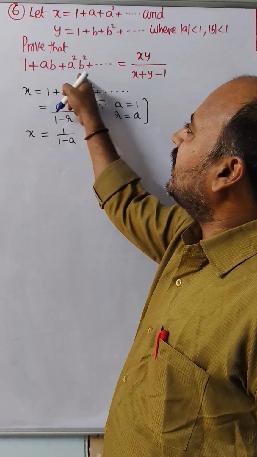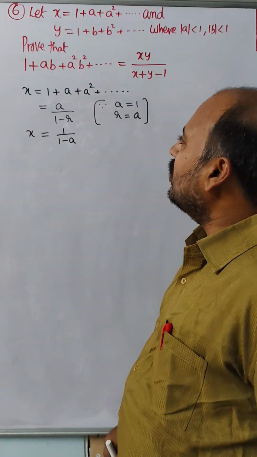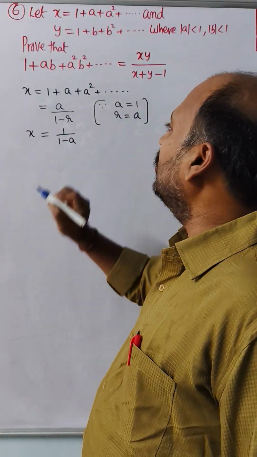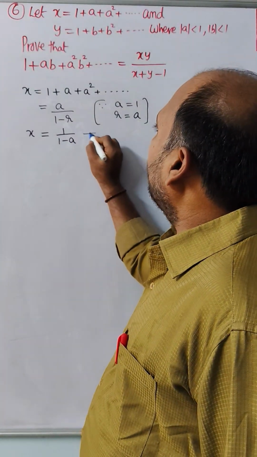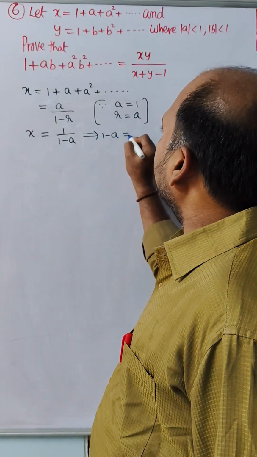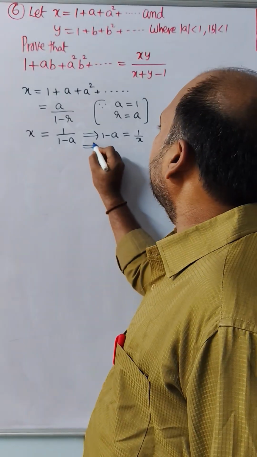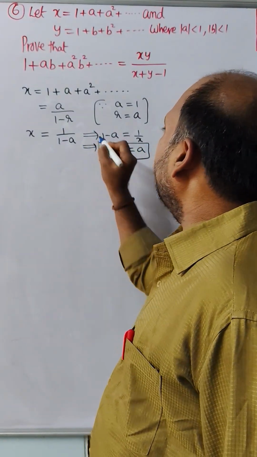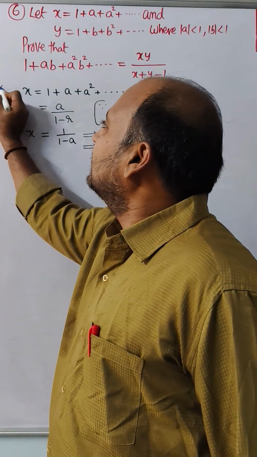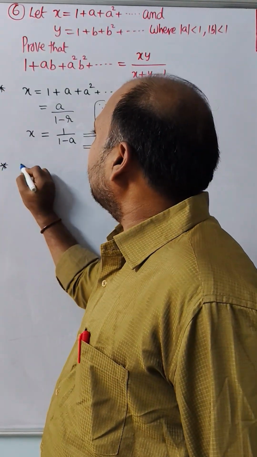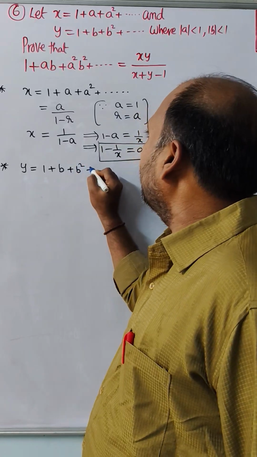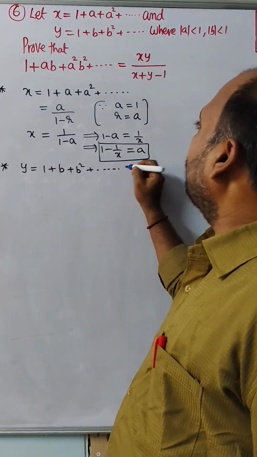From this, anyway we want to know the a value. So 1 minus a is equal to 1 by x. So 1 minus 1 by x is equal to a. Similarly, y also you can consider like this, dear students. y is equal to 1 plus b plus b squared and so on up to infinity.